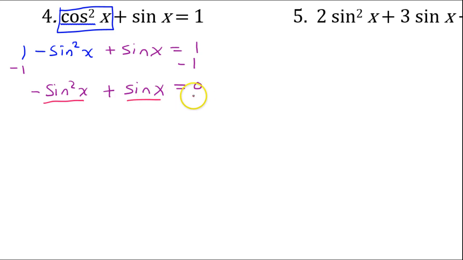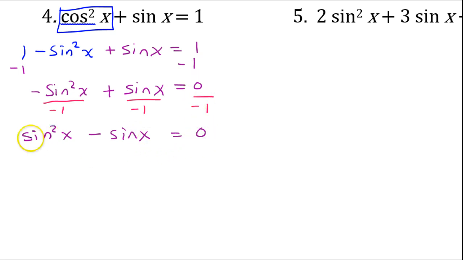And one nice thing about solving equations, because I have 0 on one side, I can always just divide everything by negative 1 and just change all the signs. It's completely valid. So this equation will now become positive sine squared x minus sine x is equal to 0, since 0 divided by negative 1 is still 0.